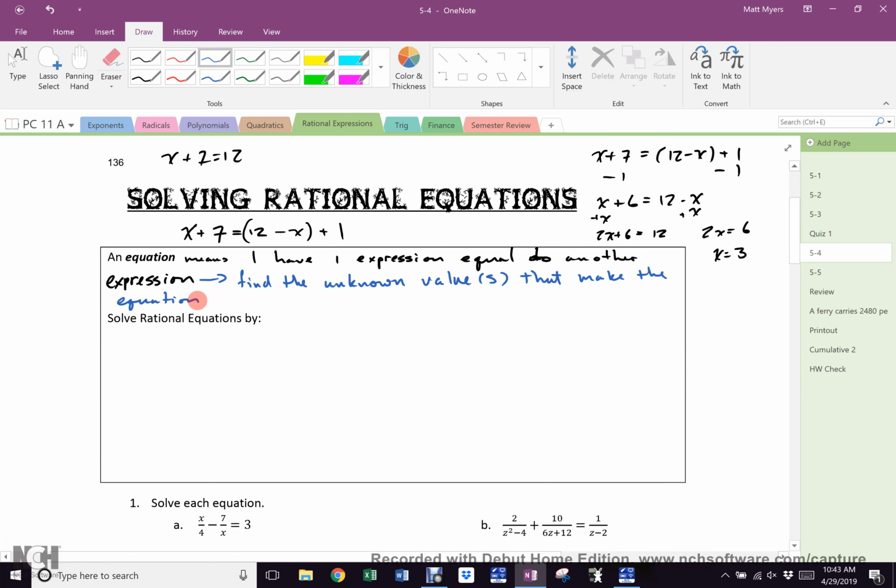What am I trying to make the left side of this equation do to the right side? Yes, I'm trying to find the unknown values that will make the equation true or equal on both sides.